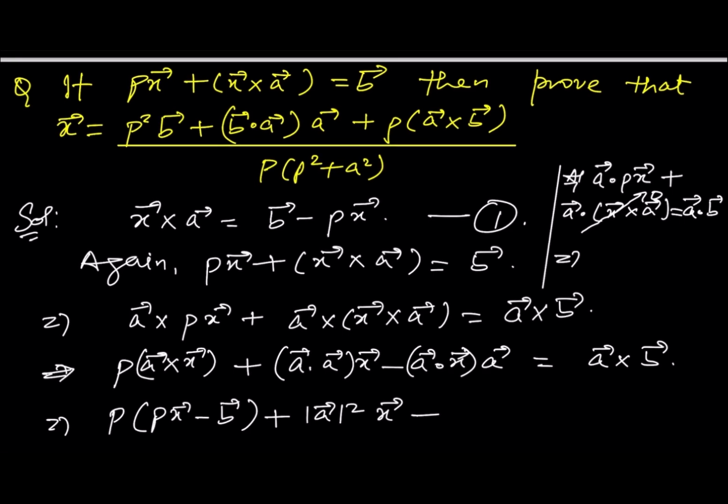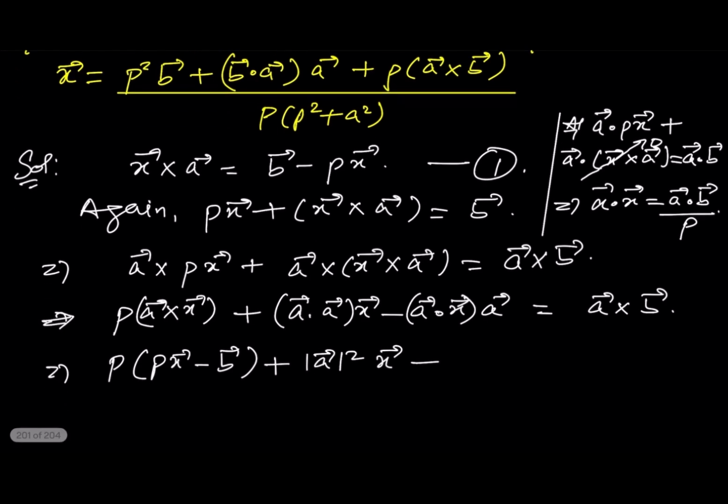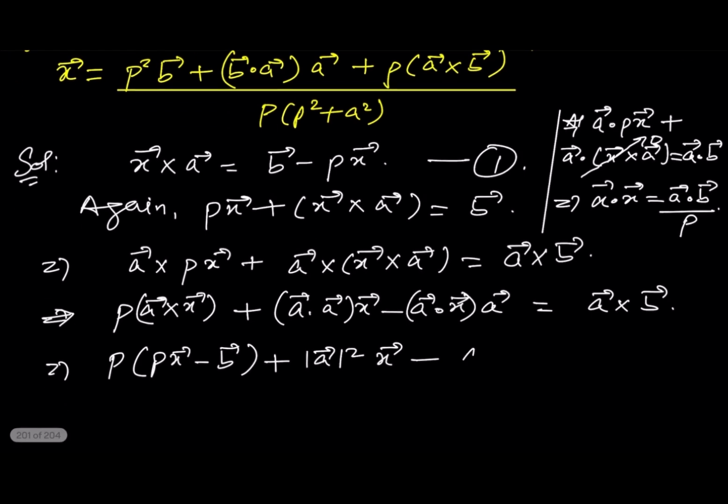So p times A dot x is equal to A dot B, or A dot x will become A dot B by p, right? So this is A dot B by p times A vector is equal to A cross B vector, right?